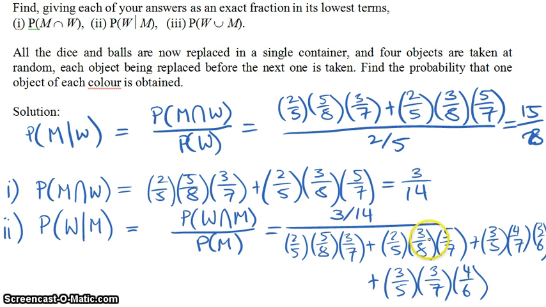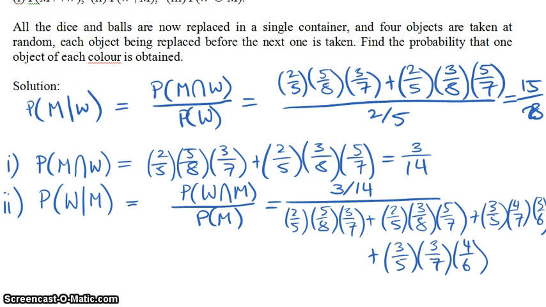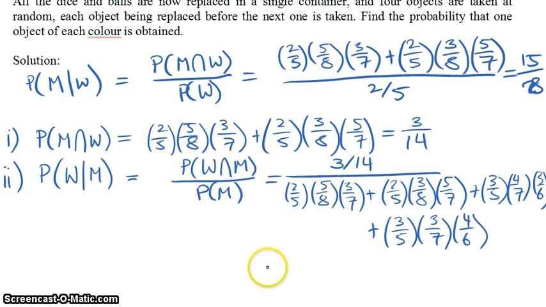So I'm sorry that's a little bit messy. What happens when you actually plug in the numbers and do the calculations, you come out with the number 5 upon 13.